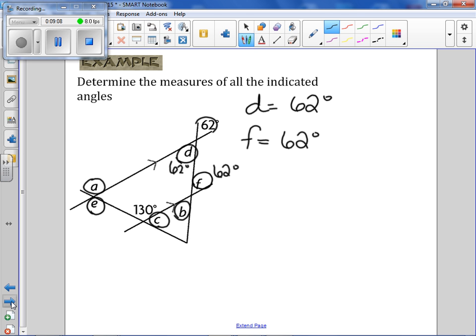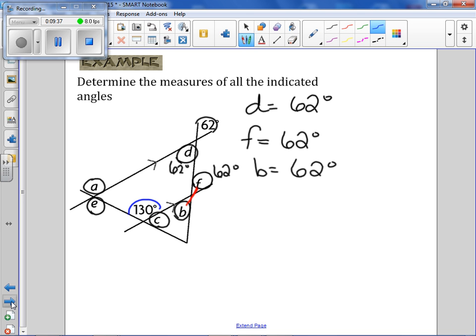The only other angle left on that side is B. B is vertically opposite of F because they're right across from each other. That means that they're equal. So if F is 62, B is 62. Now on the other side, I know 130.